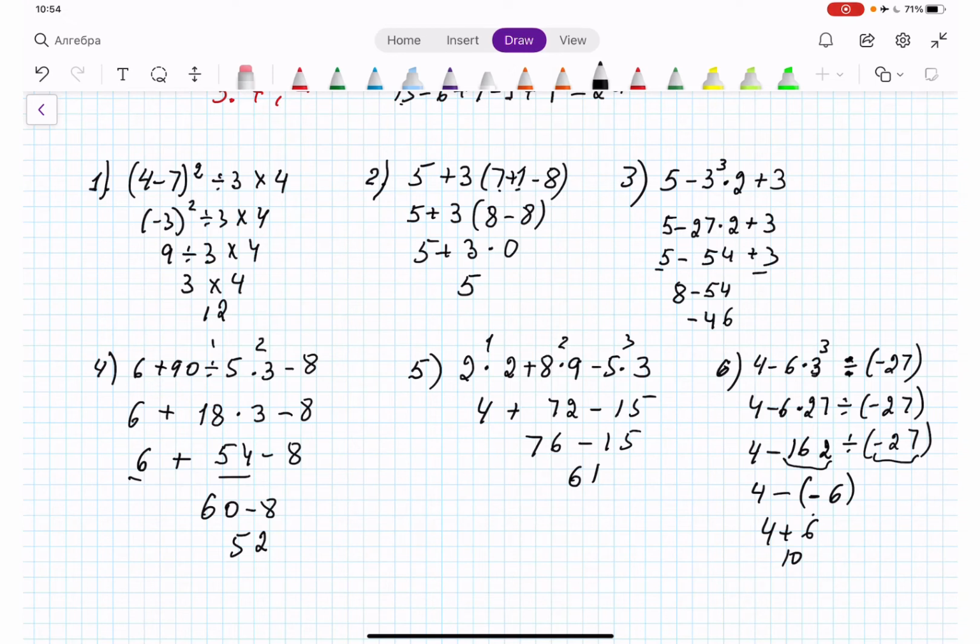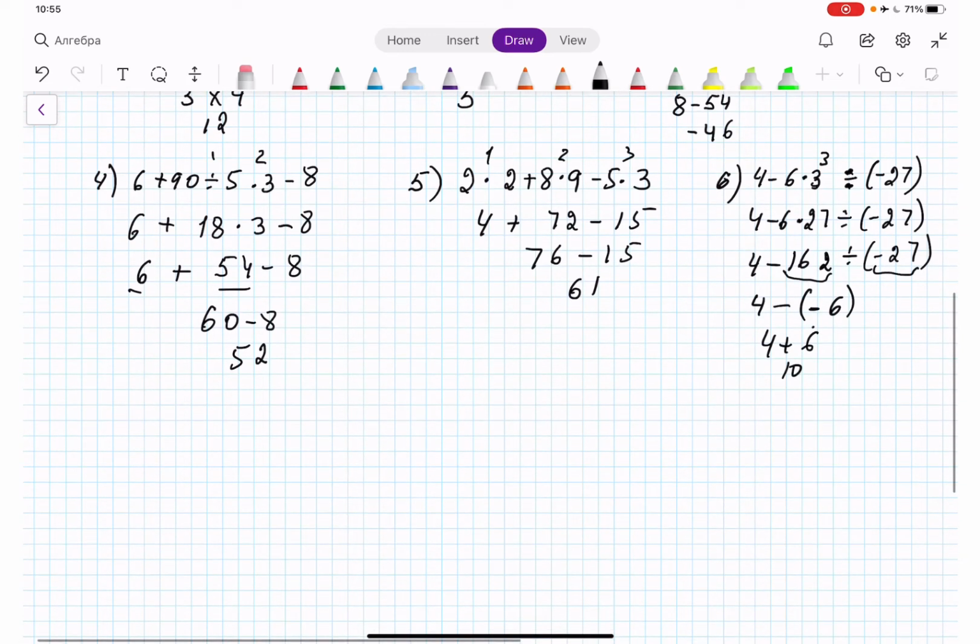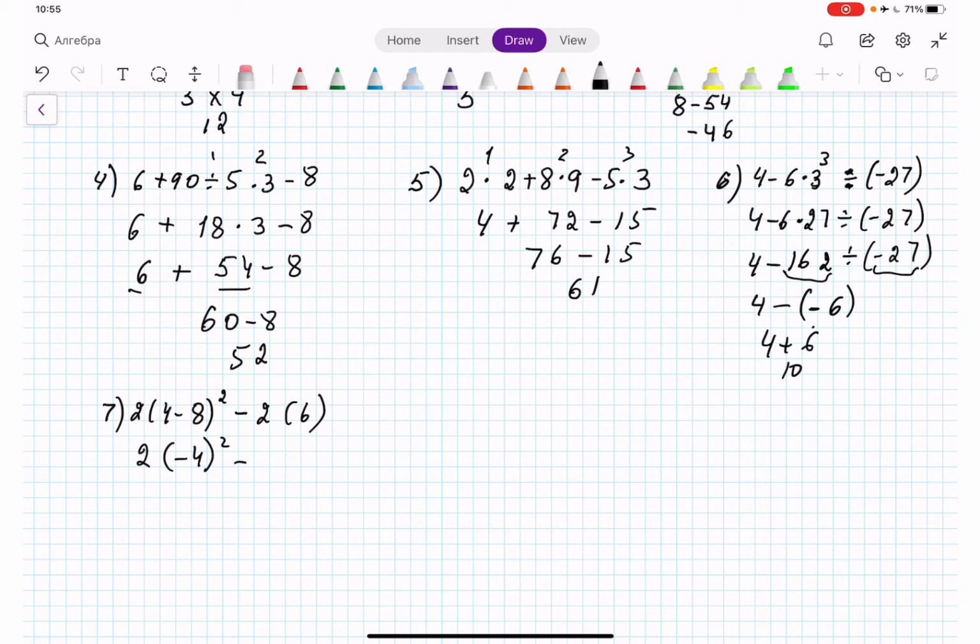Okay, question number 7. What do we have? Twice 4 minus 8 squared minus 2 times 6. Okay, 2 times 4 minus 8 squared. 4 minus 8 is negative 4 squared, minus 2 times 6 is 12.